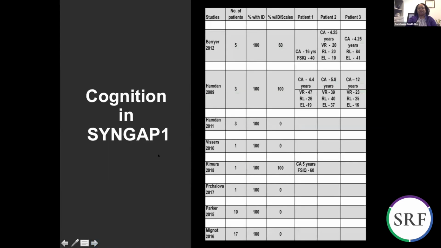Now, cognitive disability is commonplace in SYNGAP1. Many of the earlier works indicate that about 100% of patients with SYNGAP1 have cognitive difficulties. The tools that are routinely used in clinical practice tend not to measure IQ very well in individuals with IQ below 55.